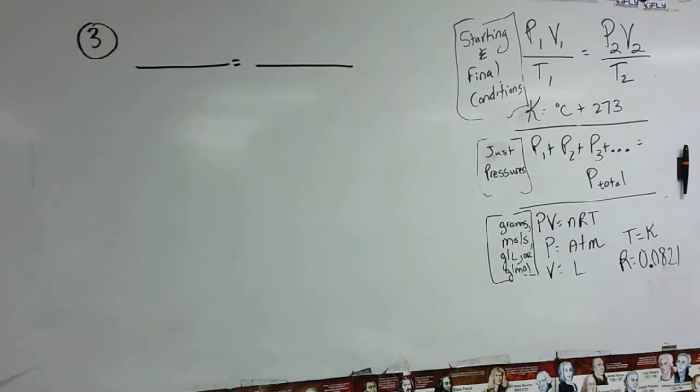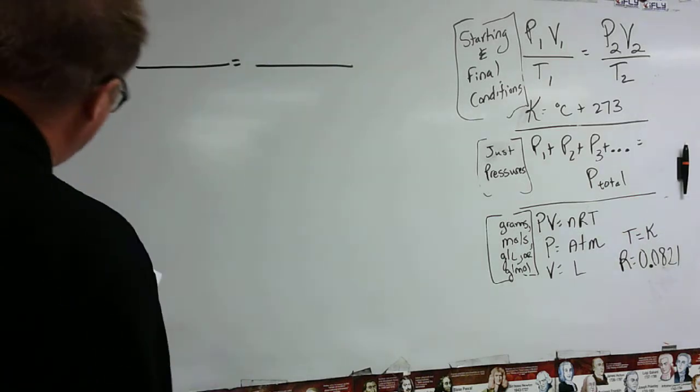And again, we're trying to do the minimal amount of work on this. If you take a look through your sentence, you're going to notice that there is no pressure. So listen carefully. If there's no pressure, we don't use pressure, but we use the same formula.